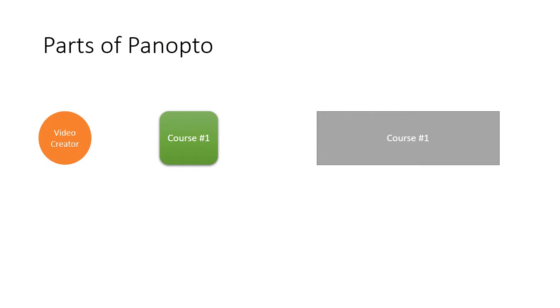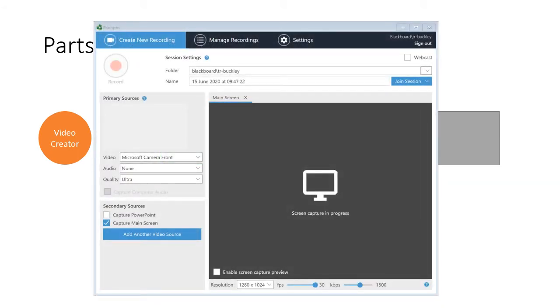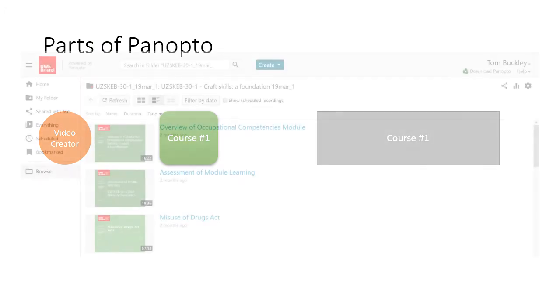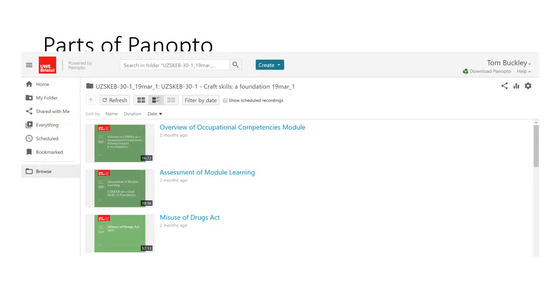So we're going to be talking about three things. You as a video creator, the green course, the one with the slightly rounded corners, is the Panopto folder, and the grey box at the end is the Blackboard module, and they look like this in practice. You creating content through the recorder, then the green course in the middle is the folder that you're recording to on Panopto, usually a module folder.